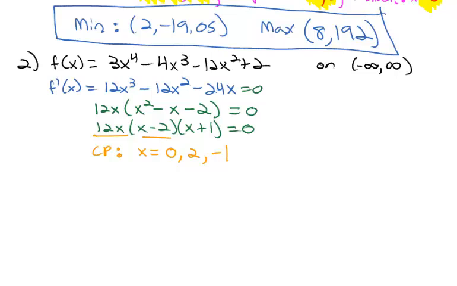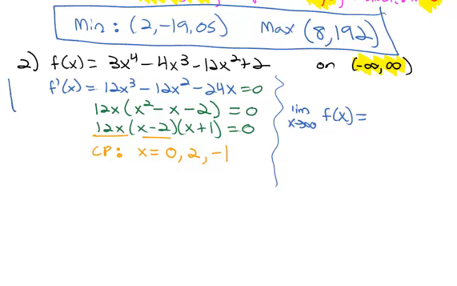We also want to check the endpoints. The endpoints here are going to be positive and negative infinity. So what we want to do is consider the limit as x goes to infinity of our function f of x. Well, as x goes to positive infinity, we know 3x to the fourth, that's a fourth power.